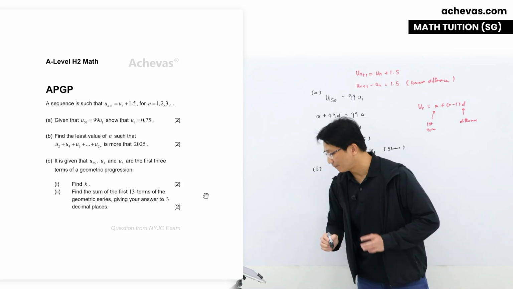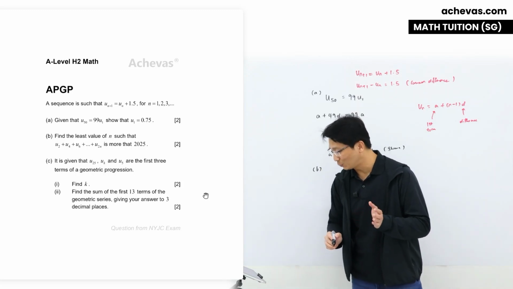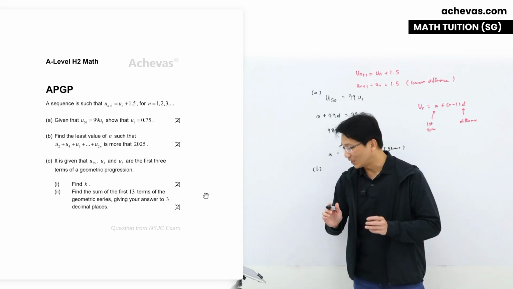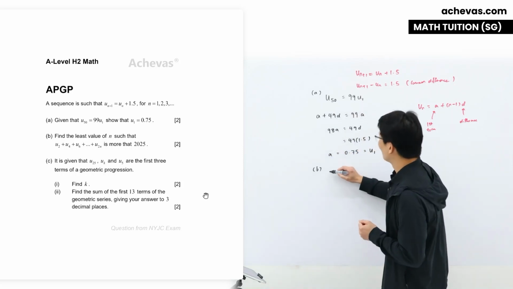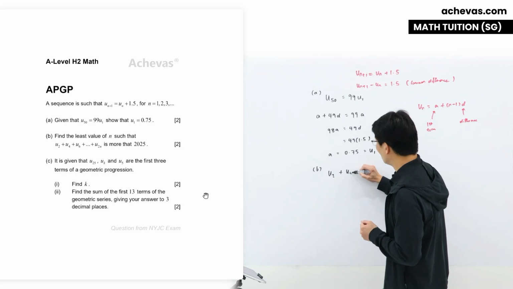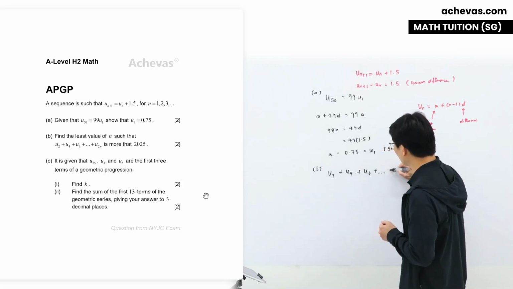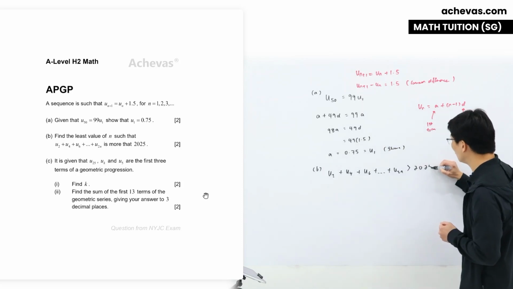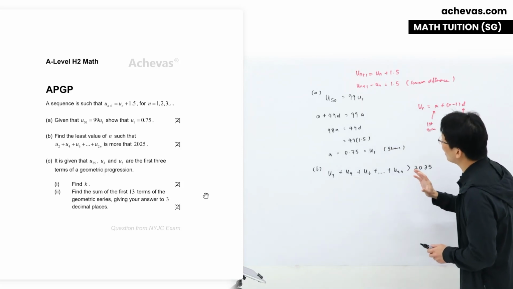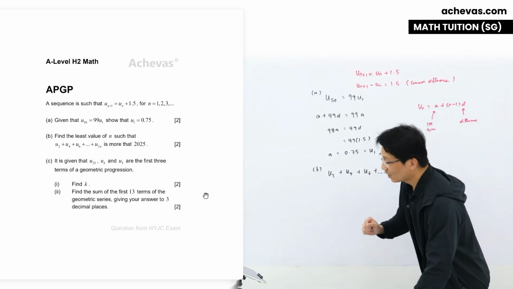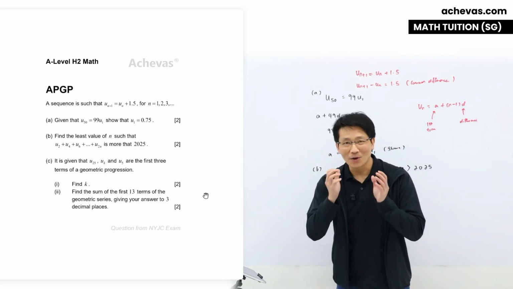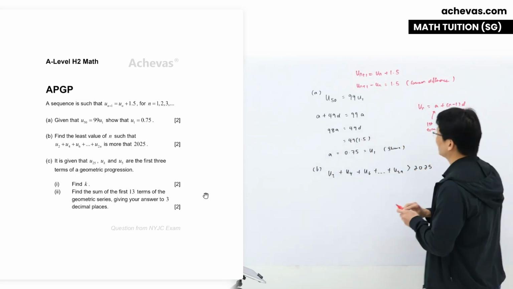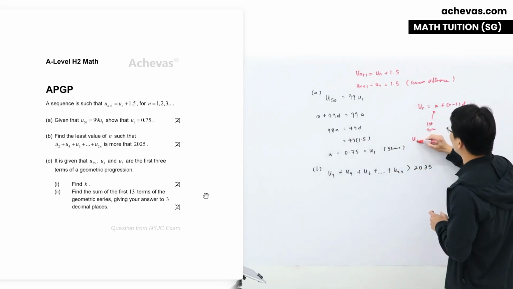Part B says, find the least value of n such that U2 plus U4 plus U6 all the way until U2n is more than 2025. Basically, we are trying to extract out all the even terms of this AP sequence. Let's look at this AP sequence first.